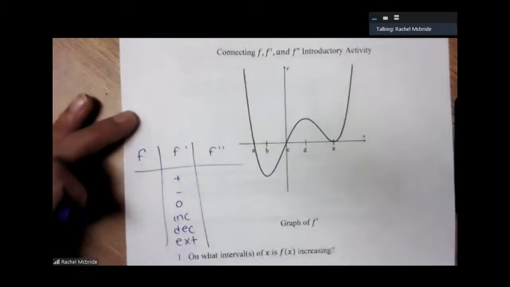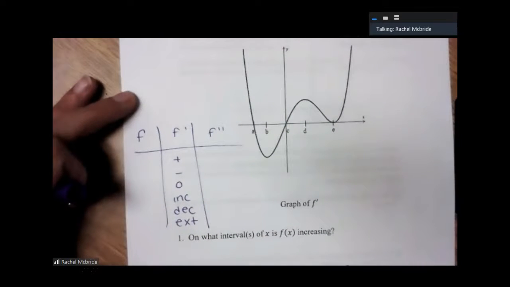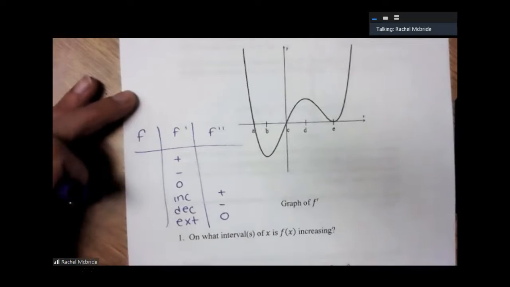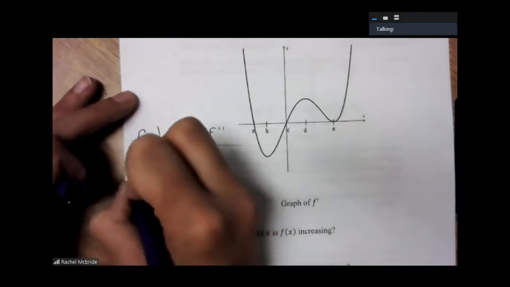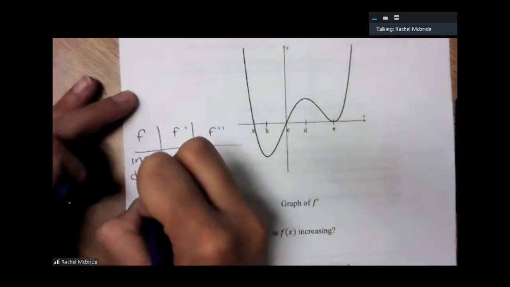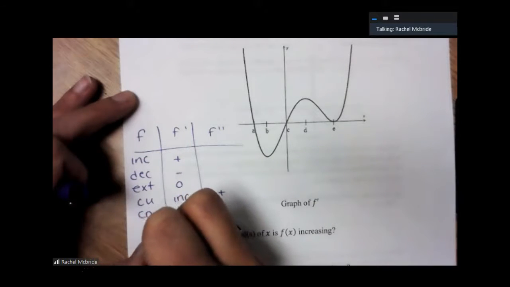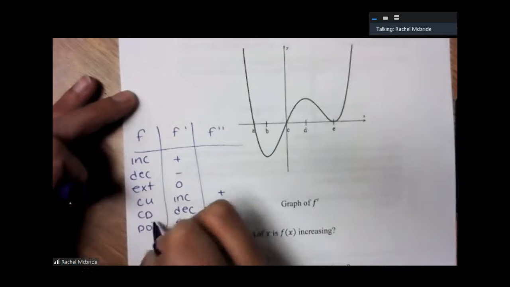The middle part goes positive, negative, 0, and increase, decrease, extrema. The positive, negative, 0 reflects here. The increase, decrease, extrema repeats here. And then you add concave up, concave down, point of inflection.